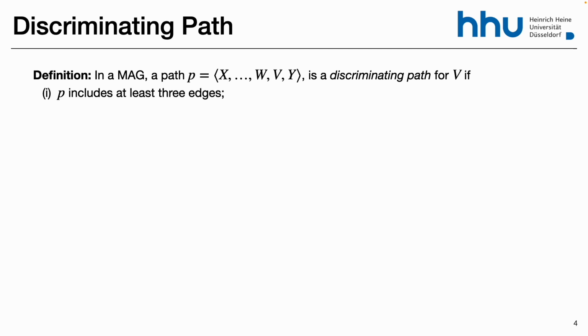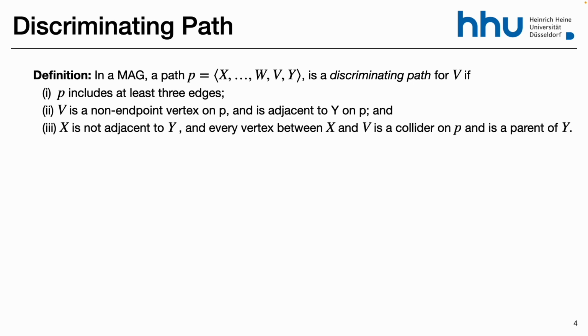First, this path has to include at least 3 edges. Then the V has to be a known endpoint and adjacent to Y. It's the same as the second to the last, right? So it cannot be the last variable, it has to be a known endpoint, so in the middle, but it has to be adjacent to Y, which means that it's the second to the last. And X and Y cannot be adjacent, so they have to be separated, because that's where we started.